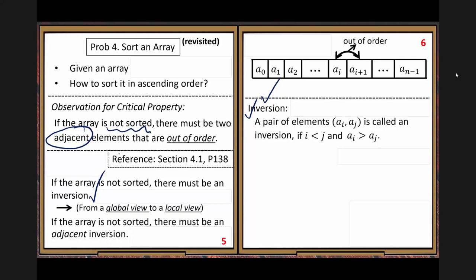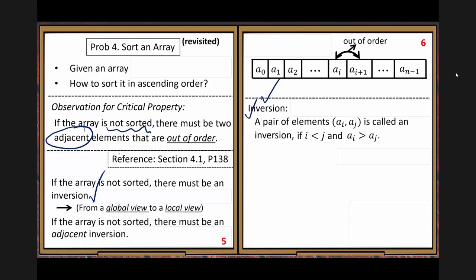That one we call the local view of inversion: global inversion and local inversion. These two versions are equivalent, but the local view is more friendly for getting a solution. Global inversion is not that friendly.